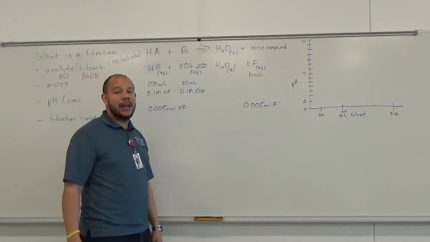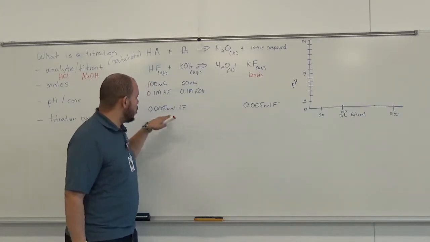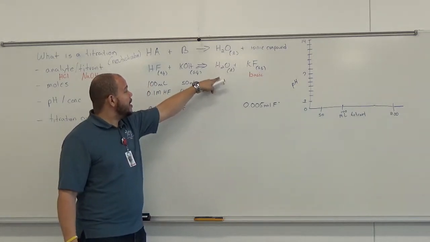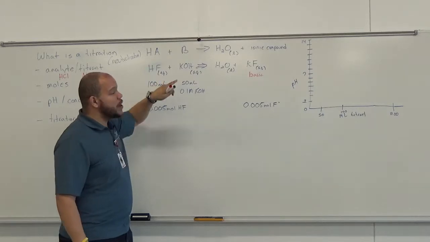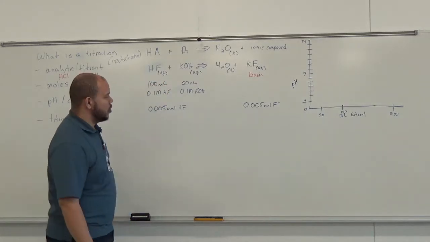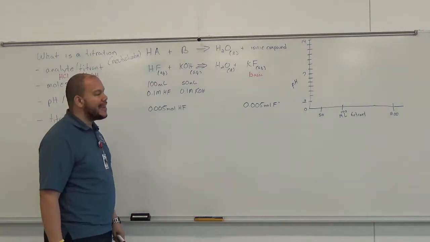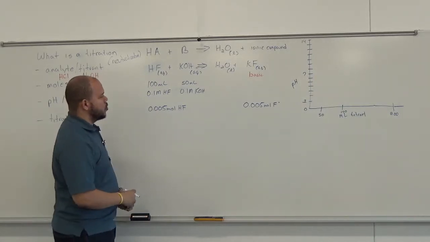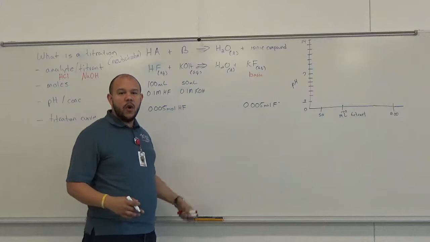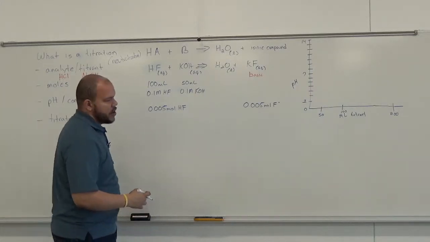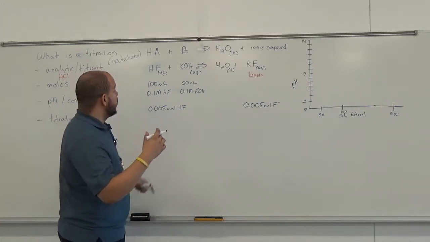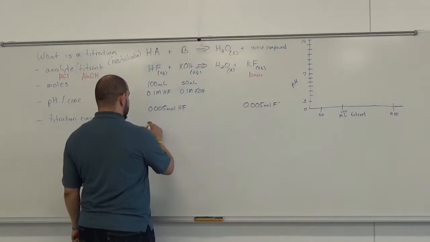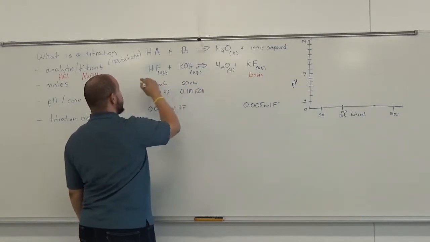Therefore, to know the amount of H3O plus and the amount of OH minus in solution, we have to take into consideration the reaction of HF with water. So this is the titration reaction.